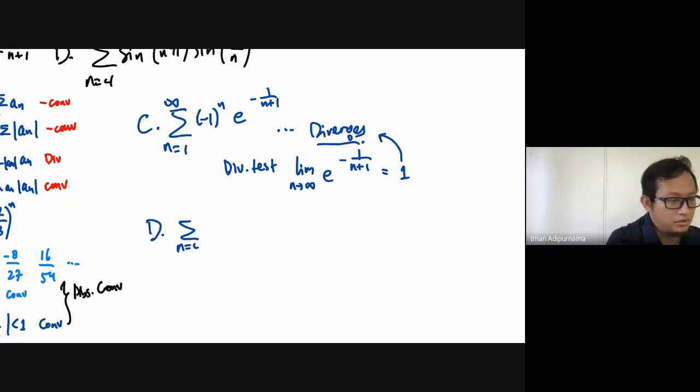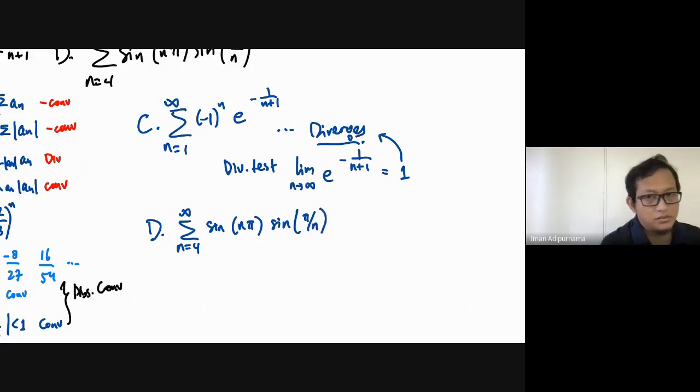Number D. At some point for option D, this part can be 0, right?